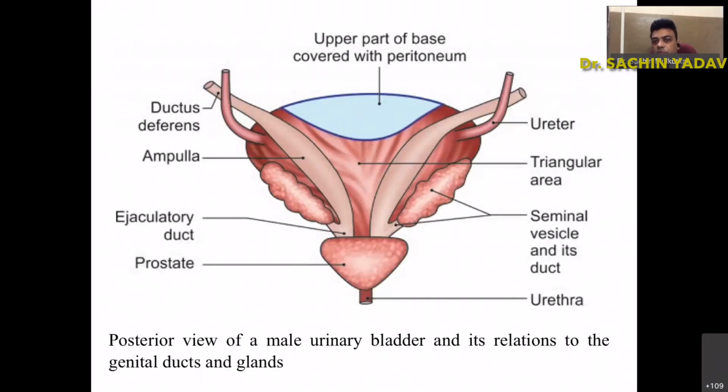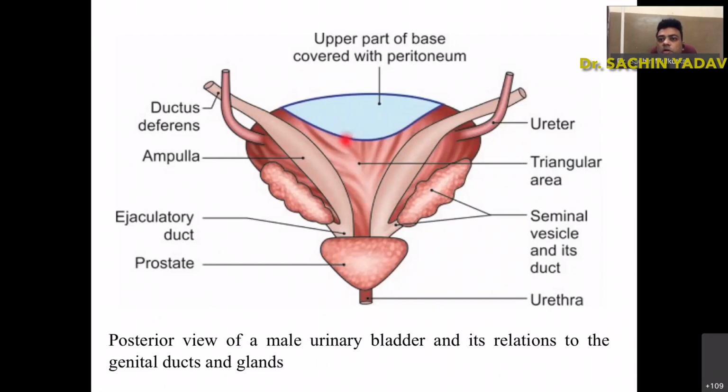You can see this is a posterior relation of the male urinary bladder. So here you can see that base, that is posterior surface, in the upper part is also covered by the peritoneum. So this peritoneum is covering the upper part of the posterior surface in the male.